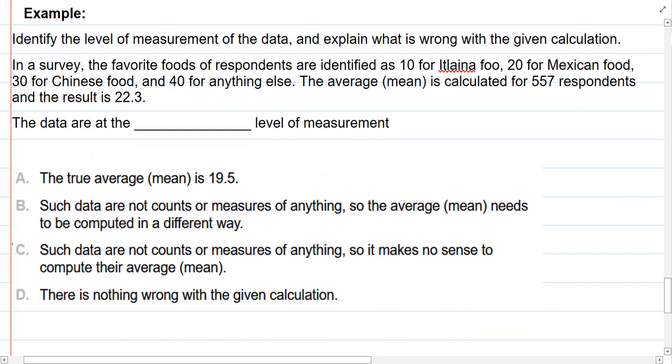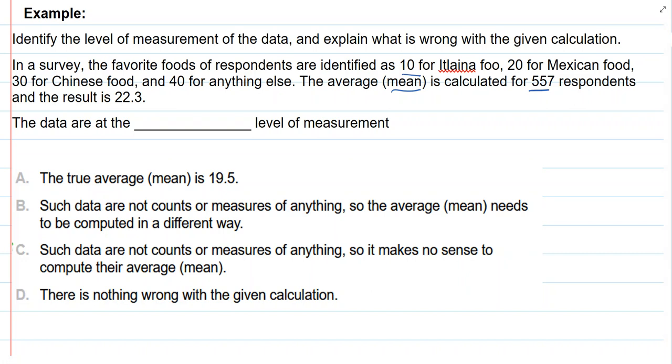In a survey, the favorite foods of respondents are identified as 10 for Italian, and I misspelled it, 20 for Mexican food, 30 for Chinese, 40 for anything else. The average, the mean, is calculated for 557 respondents, and the result is 22 and 3/10.